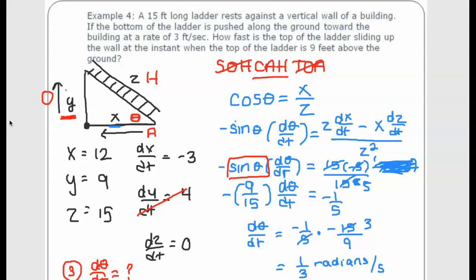So if you find the bottom angle is positive 1/3, the angle up here would have to be negative 1/3. The reason is that angles in a triangle are proportionate. One angle can't be getting bigger at a faster rate than the other one's getting smaller, because they have to always sum to 180 degrees.